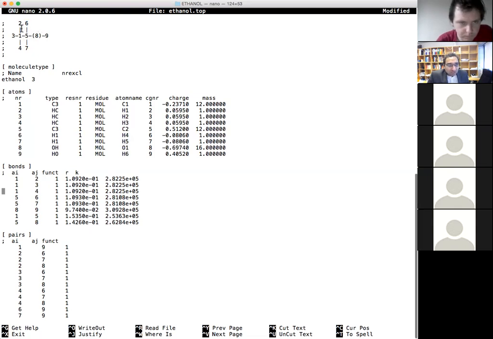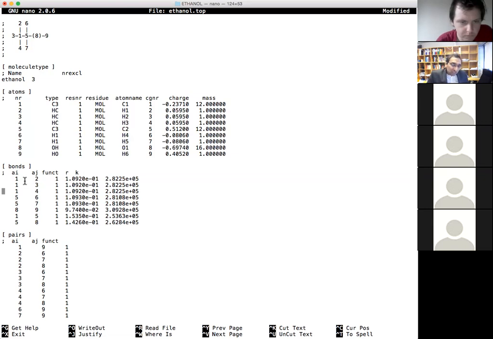In the case of 2 and 6, 1 bond, 2 bonds, 3 bonds. So what is listed down here are all the pairs of atoms that are separated by 3 bonds. These are called 1,4 pairs.